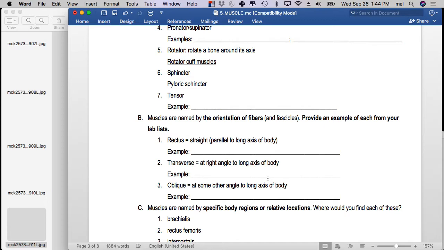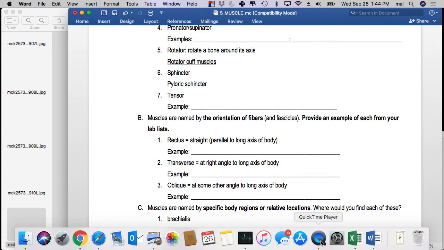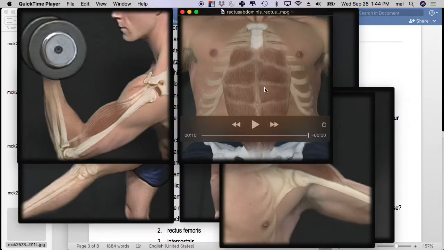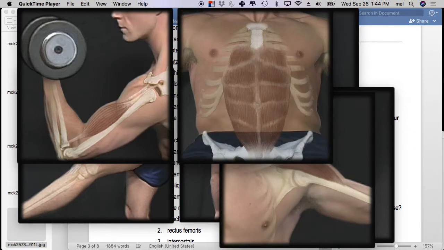Good? Okay, so now the other way that sometimes muscles are named is by their orientation of fibers. When you look at a muscle, actually you can't see the fibers, FYI, but you can see bundles of fibers. An individual muscle fiber is microscopic, but they're bundled into bundles visible with the naked eye called fascicles.